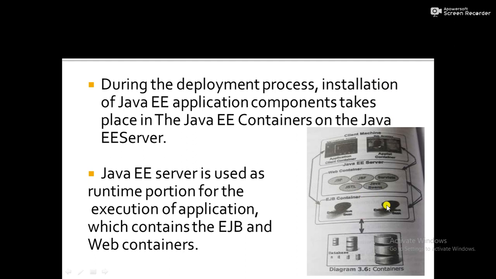During the deployment process, the installation of these application components takes place in the Java EE containers. The Java EE server is used as the runtime portion for the execution of the application, which contains the EJB and web containers. So in this diagram, the Java EE server includes a web container and an EJB container.